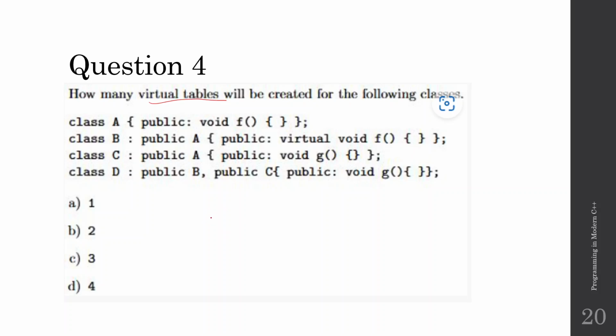So the class hierarchy is like this. We have A, then B inherits from A, and C also inherits from A. And D inherits from B and C. So this is the class hierarchy.